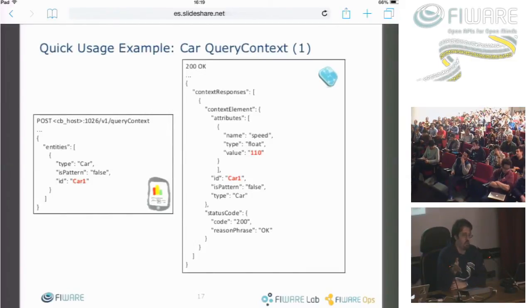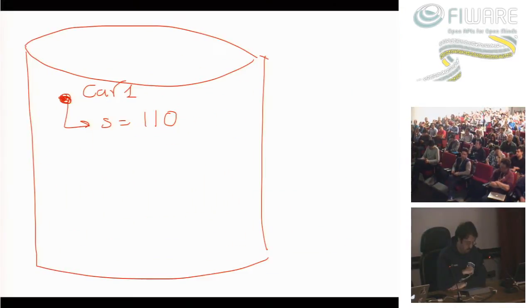Okay, so this is the current status, 110, and that is the value that we get in the query context response.